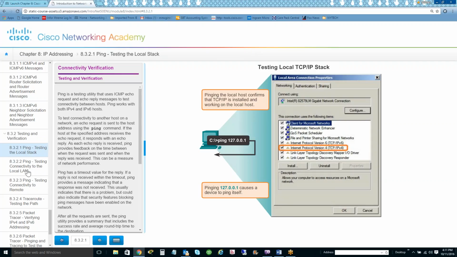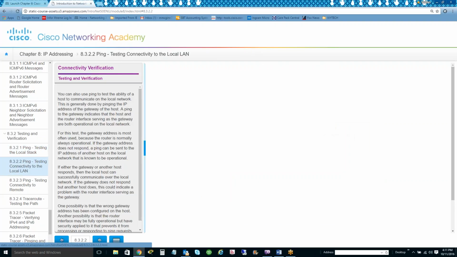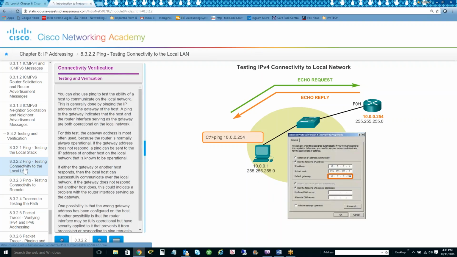8.3.2 gets into testing and verification. It shows you the ping command in IP version 4, for testing connectivity to the local LAN. You can do a ping command to say, hey, are you there? And it'll reply back.